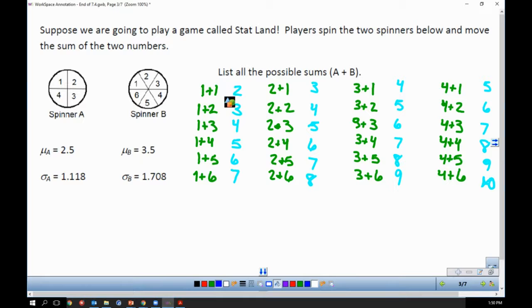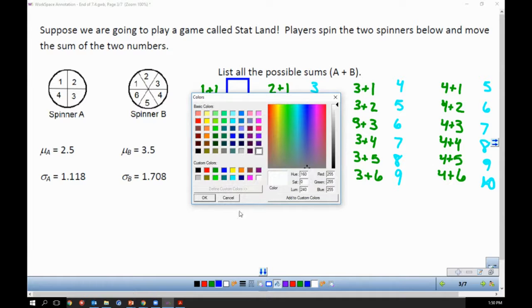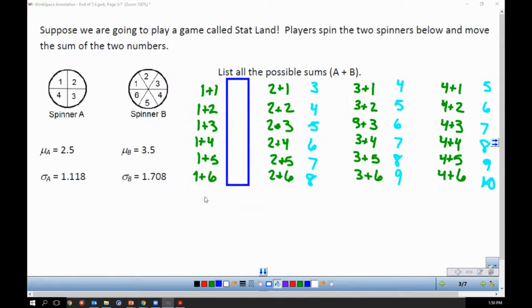So our data points. Don't do that to me. Don't cover them up. Good.